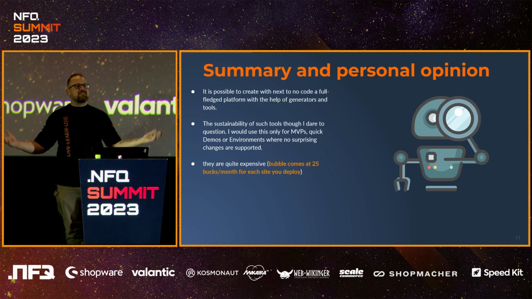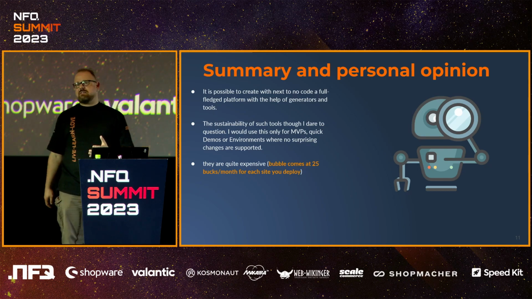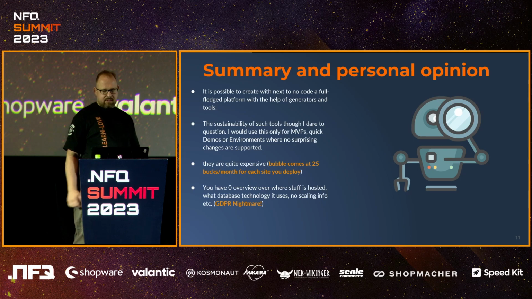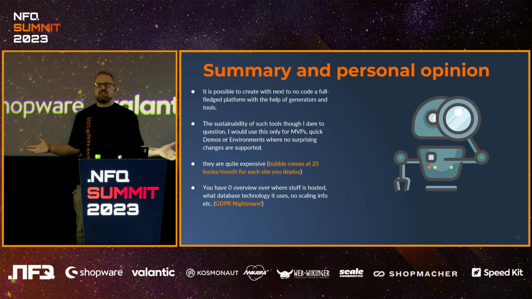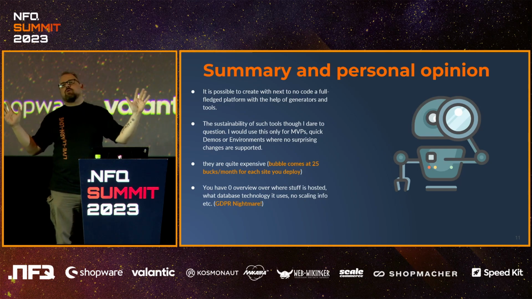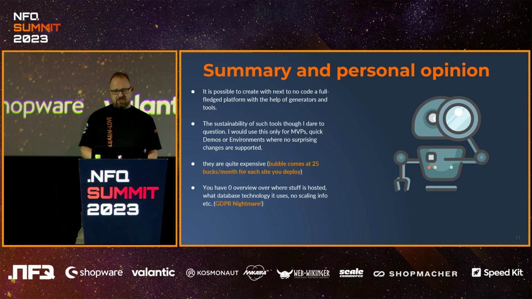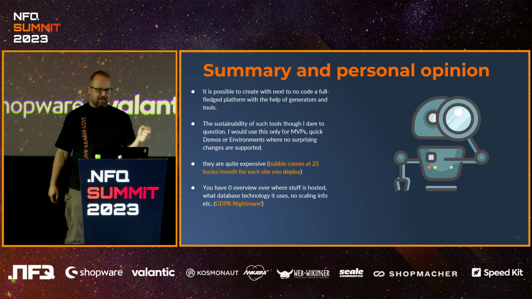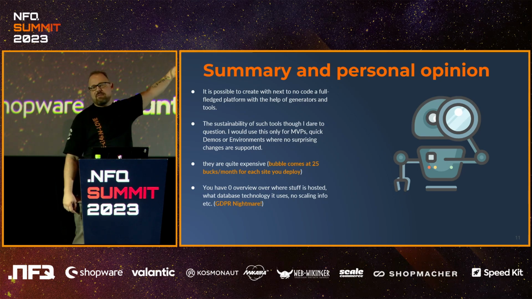If you have 10 sites, it's $70 license cost per site. So think about that. You have zero overview over where that stuff is hosted. What database technology is used, I have no clue. I did not even find sufficient information on the web. And if you are in Europe and have a GDPR requirement, don't do it. Your lawyers will kill you before you make the first demo.